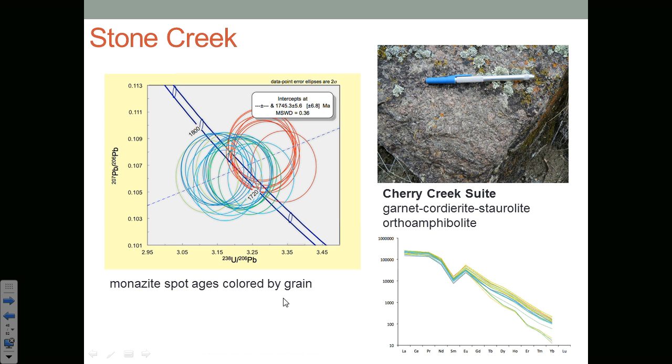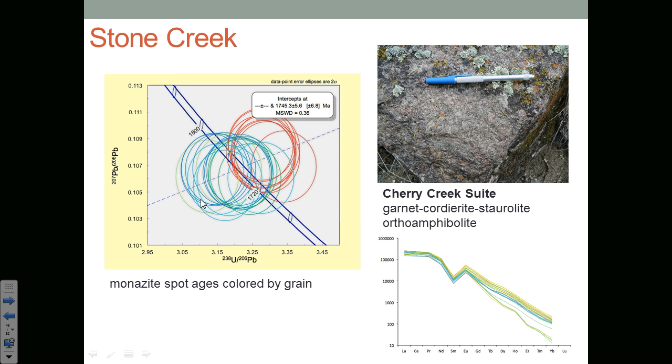So just quickly, the Stone Creek area, which is on the western side, is a garnet, cordierite, staurolite, and anthophyllite schist, and it yields entirely Proterozoic ages of around 1.74 billion years. These are all monazite ages. We didn't find any Archean or earlier Proterozoic ages in that.